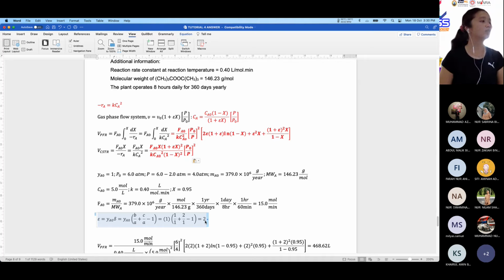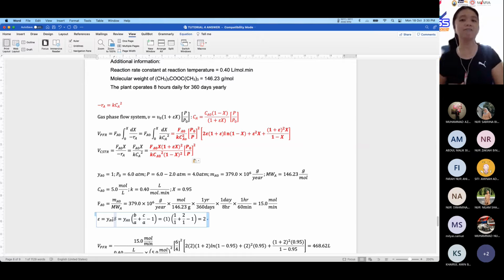Next, sigma. Sigma has a sub equation too. To find sigma, if you forget, it is the ratio of stoichiometric coefficients. But this ratio is positive or negative depending on the role of the species in the reaction. So in this reaction, there is one reactant and two products. A is a reactant, B and C are products.